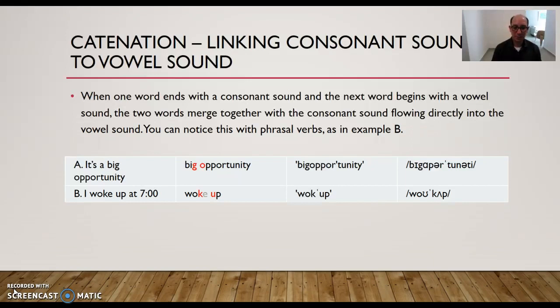The letter E at the end of "woke" is silent. So you take the consonant sound K together with the vowel sound of "up." This is catenation, linking consonant sounds with the next vowel sound.